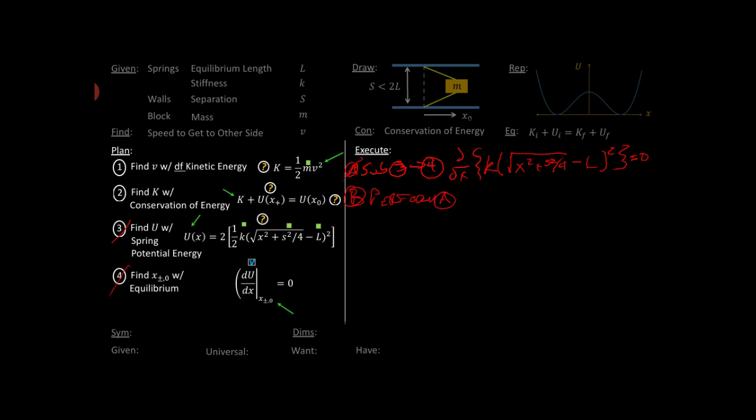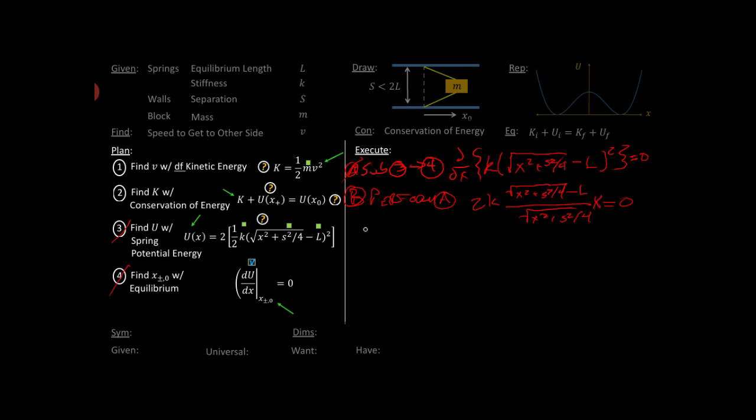A I just used when I found that this whole thing was 2k times the square root of x squared plus s squared over 4 minus L over the square root of x squared plus s squared over 4, and that's equal to 0. Okay, so I've performed that. Oh no, I forgot my x.